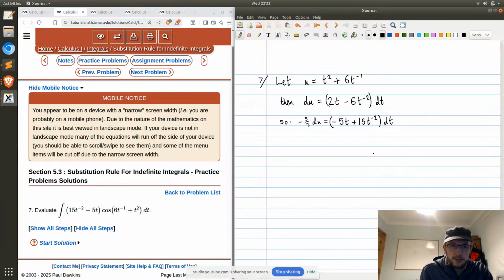Just there like that. So I can replace the start and the end with negative 5 over 2 du.